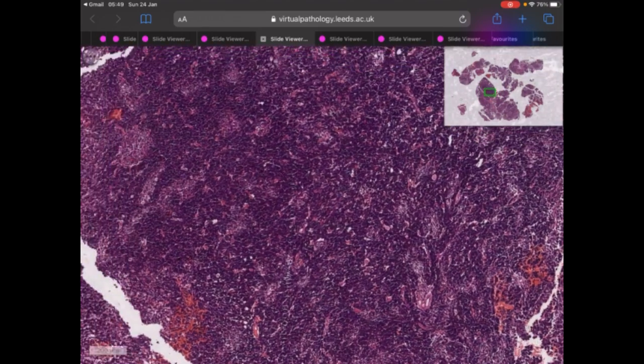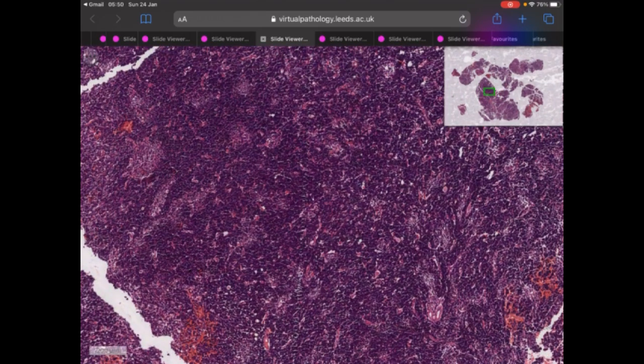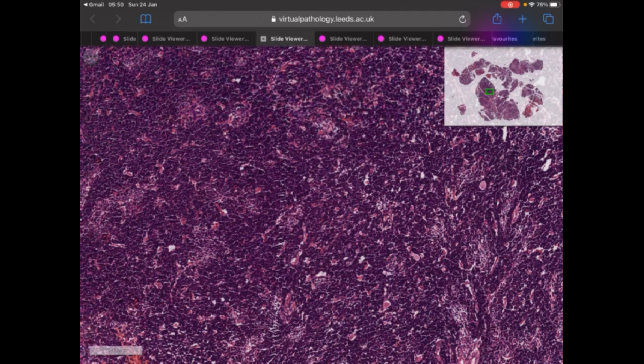And when we go closer, the cells are packed. They appear blue because we can only appreciate the nuclei. They have scanty cytoplasm because an embryonal tumor is composed of primitive cells.